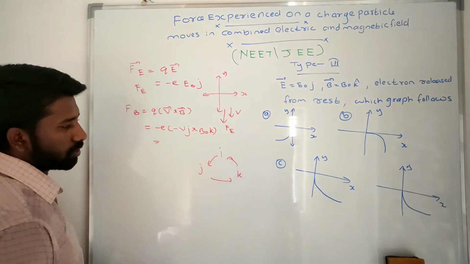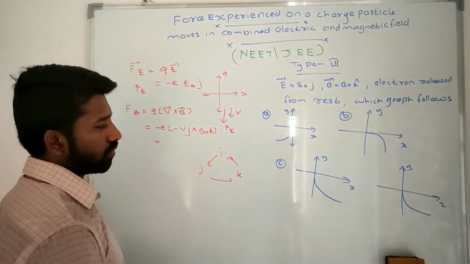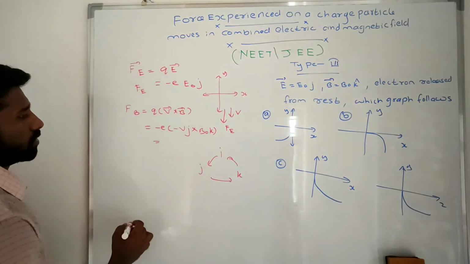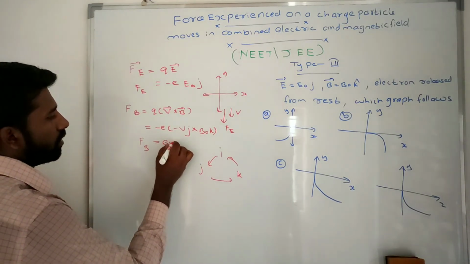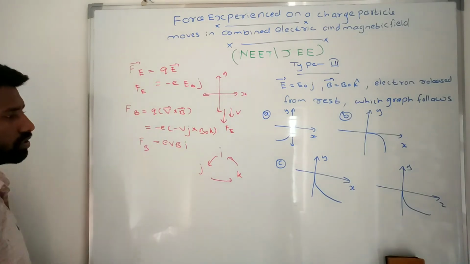If anti-clockwise means positive, j cross k is anti-clockwise, so we get positive, and two minuses become a plus. So F_B is equal to e V B0 in the i direction.